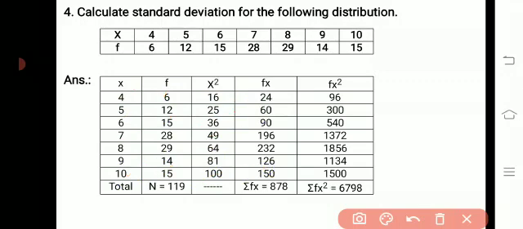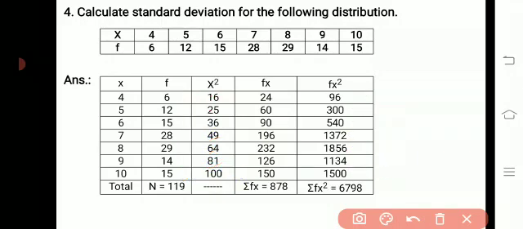After that calculate f into x square, frequency into x square. 6 into 16 gives 96, 12 into 25 gives 300, 15 into 36 gives 540, 28 into 49 gives 1372, 29 into 64 gives 1856, 14 into 81 gives 1134, and 15 into 100 gives 1500.